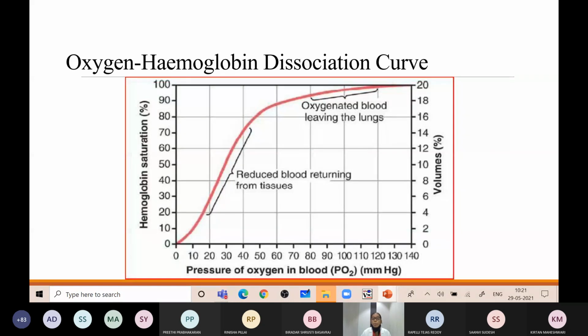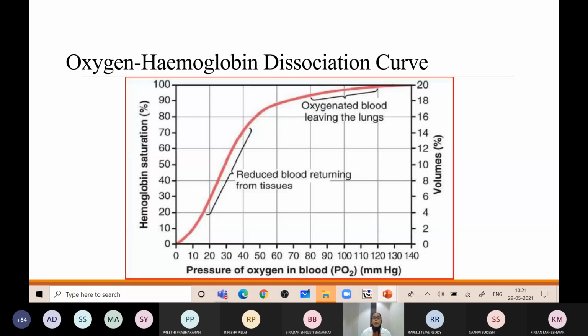Starting, if it combines with only one atom of iron, its affinity is less. But once it is attached to one, the second molecule has more affinity. Very fast it will attach to another molecule. For the third molecule, it will attach very fast. So the affinity of hemoglobin for oxygen goes on increasing as the oxygen molecules are attaching one by one. That is the reason we get the sigmoid curve.